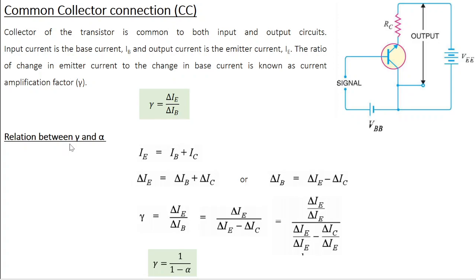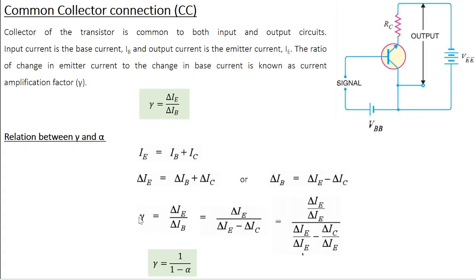Let's derive the relation between gamma and alpha now. So delta IE equal to delta IB plus delta IC, from which I can write delta IB equal to delta IE minus delta IC. Gamma is delta IE by delta IB. Instead of delta IB, now I can write delta IE minus delta IC. Both numerator and denominator you divide with delta IE.